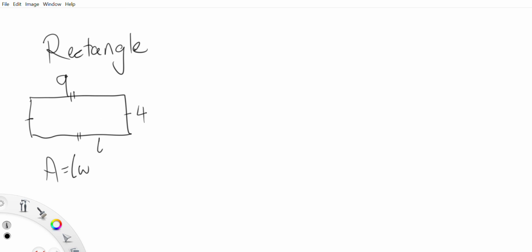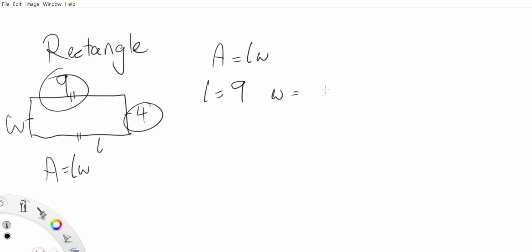Let's say this is the length and this is the width. So we would say A equals length times width. Then we need to say what the length equals. That equals 9. The width equals 4. So we would say A equals 9 times 4. And then we would say A equals 36.